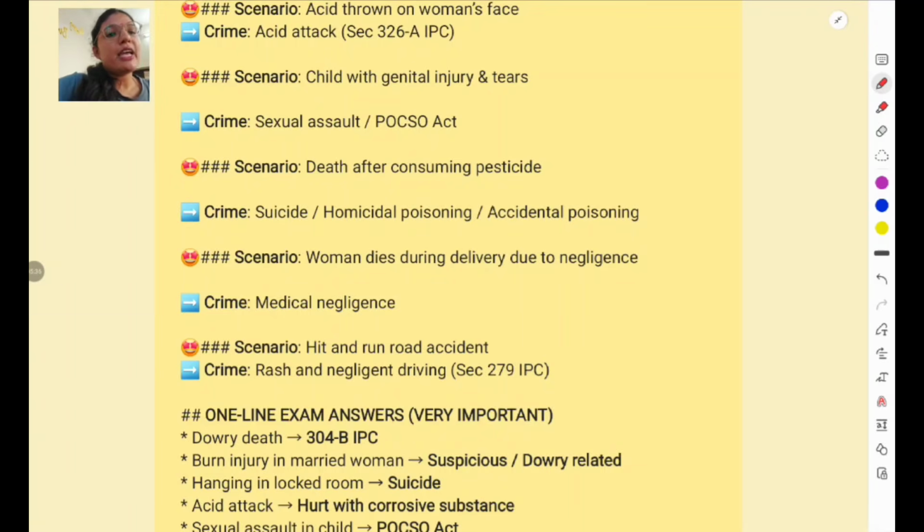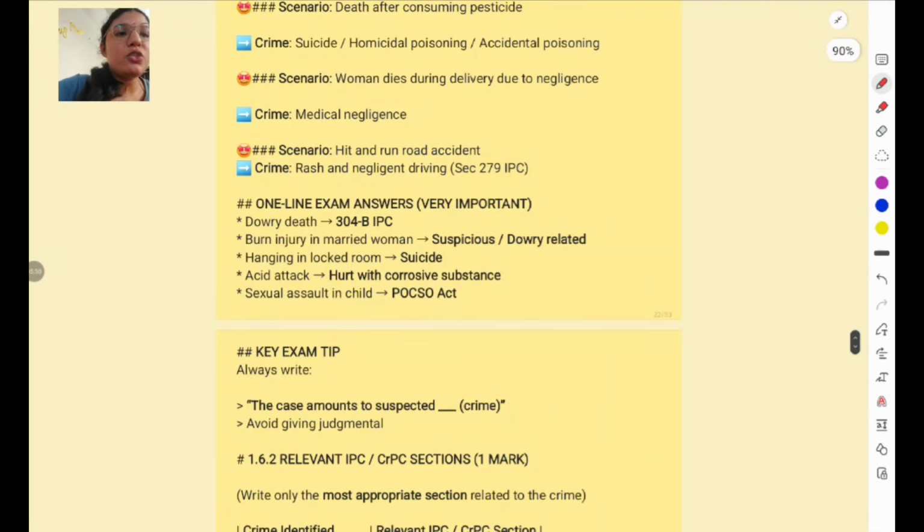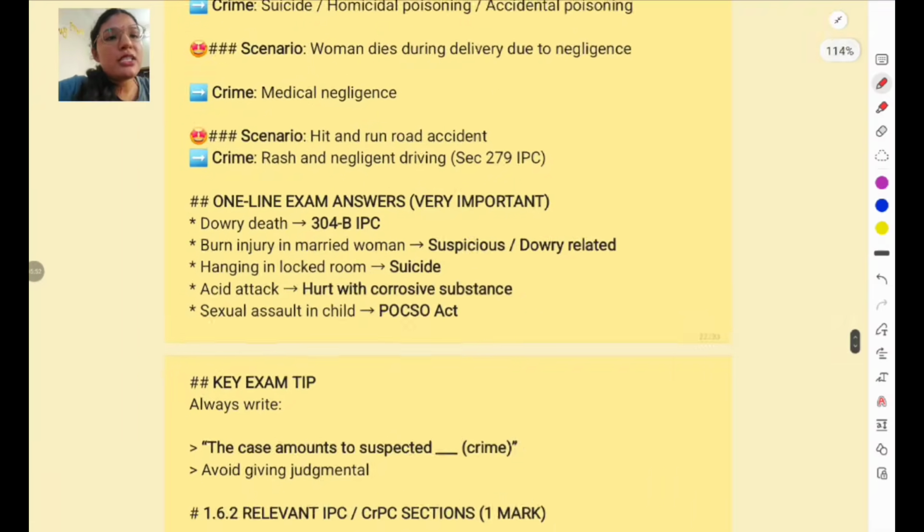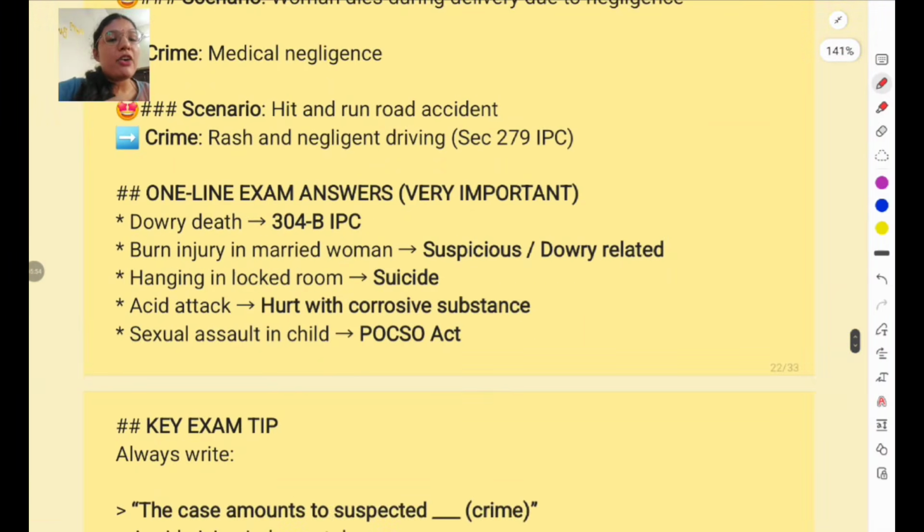Fourth scenario is a woman dies during delivery due to negligence, that comes under medical negligence. Next one is hit and run road cases, so it may be RTA, rash and negligent driving, section 279 IPC.